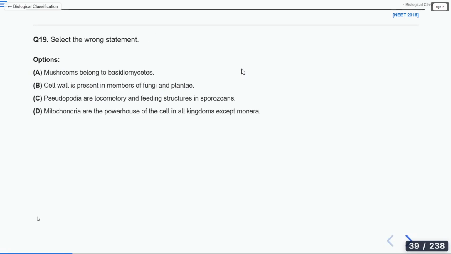Select the wrong statement. Mushroom belongs to Basidiomycetes. Cell wall is present in members of fungi and plantae. Pseudopodia are locomotory and feeding structures in sporozoans. Mitochondria are the powerhouse of the cell in all kingdoms except Monera. You have to select the wrong statement.